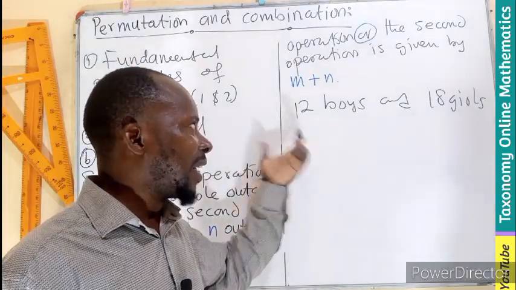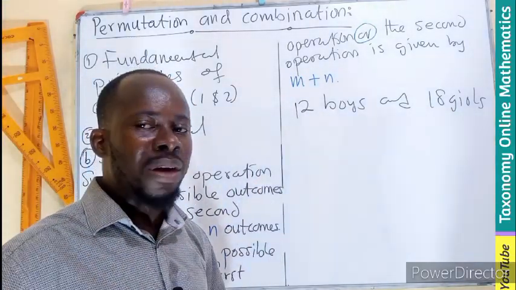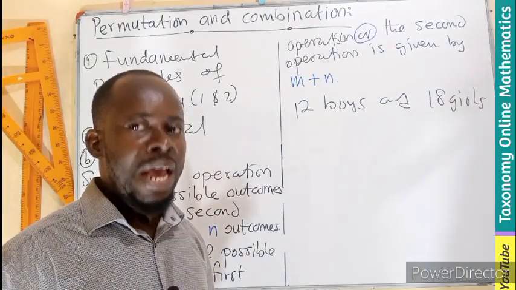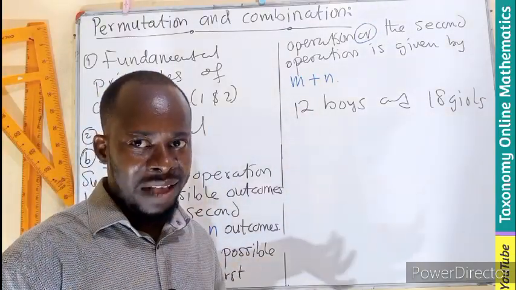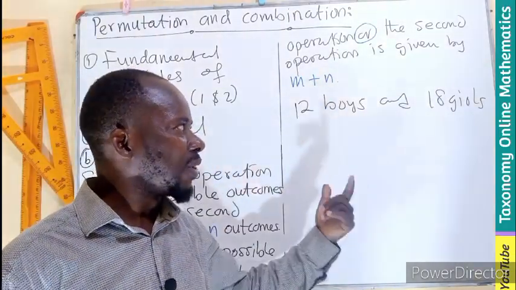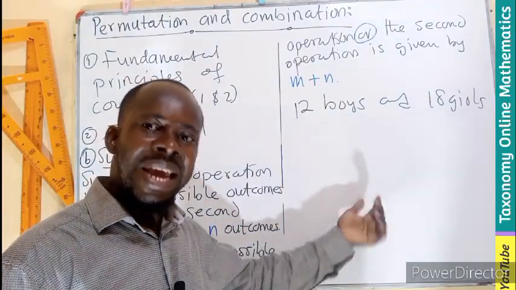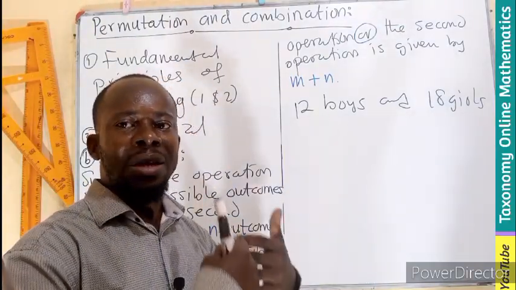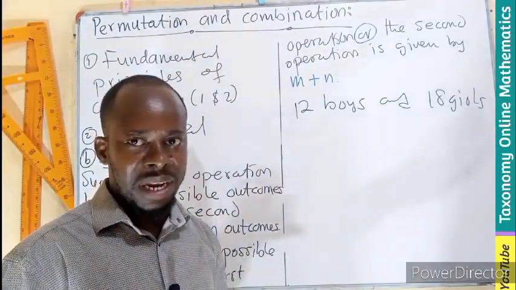In selection of the boys, he can select any of the 12 of them without being biased. Then in selection of the girls, all the 18 of them are up for selection.